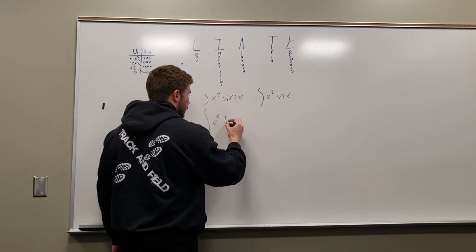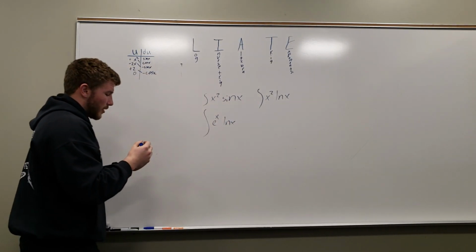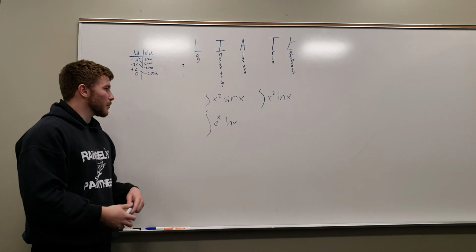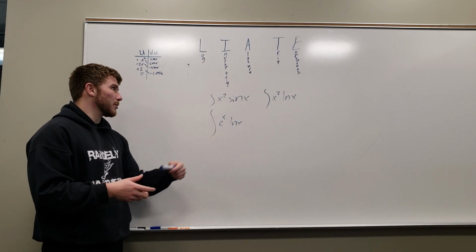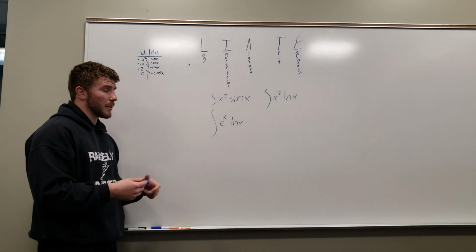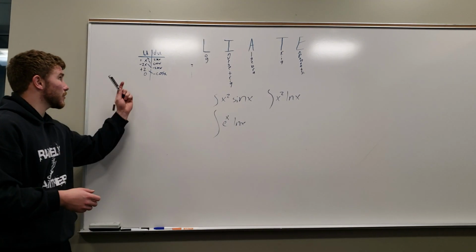And so if you had a problem like this where it's e to the x, that's an exponent, and natural log x, the exponent comes after the natural log, so natural log would be your u.